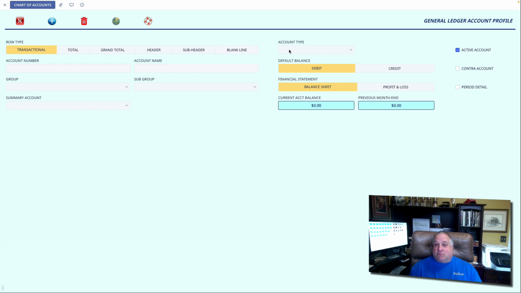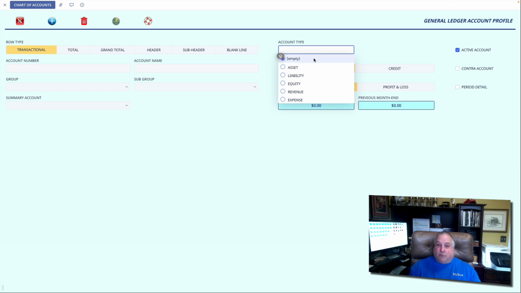Moving on, and most importantly, we want to define our account type, and there are 5: never more and never less. On our balance sheet, we have assets, liabilities, and ownership equity. And on our income statement or profit and loss statement, we have revenue and expense. Every account, every financial account, which is a transactional, total, and grand total, is going to have an account type.